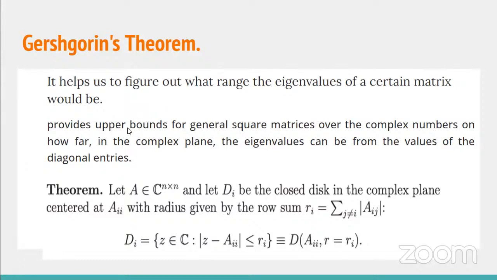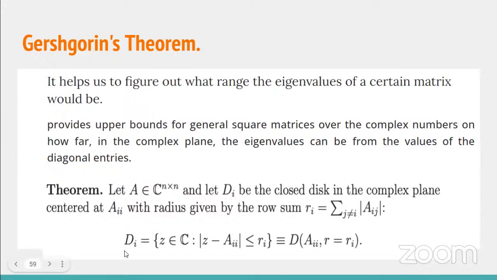Looking at this, this D is representing the Gershgorin disk. There you have D1, D2, as many as depending on how large your matrix is. If your matrix is n by n, it could be 5 by 5, 6 by 6, but this disk goes like D1, D2, like that.